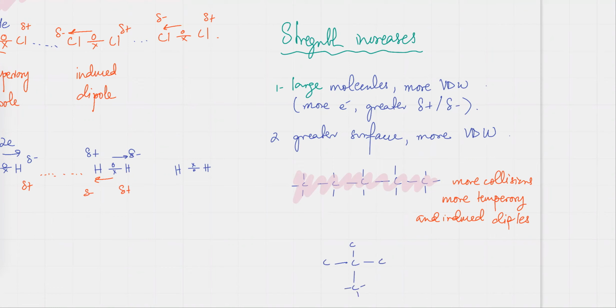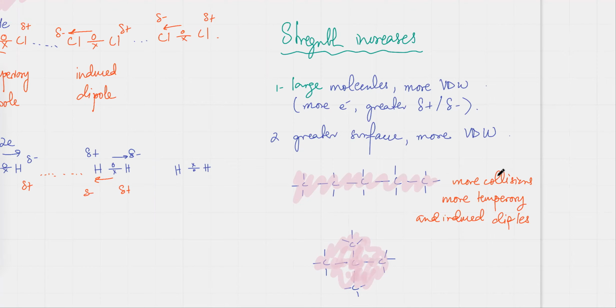So it's got all these hydrogen atoms, and this molecule is not going to interact as much, because the atoms are more close to each other. So they're closer to each other, so it's got lesser surface area. It's more compact.